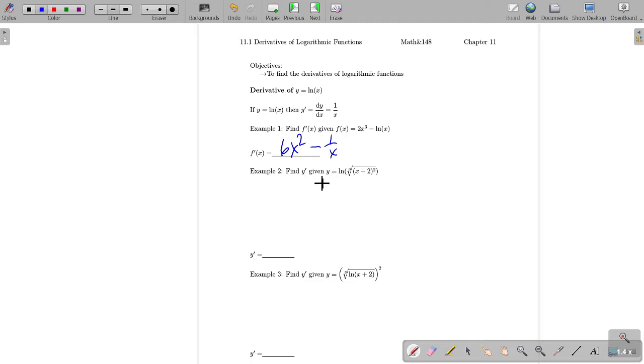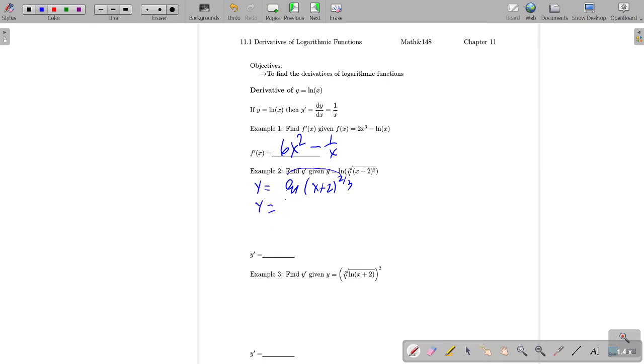So let's find y prime here, but rewrite it first. So y equals the natural log of x plus 2 to the 2/3 power. Now I'm going to use the power rule to have that come out front.